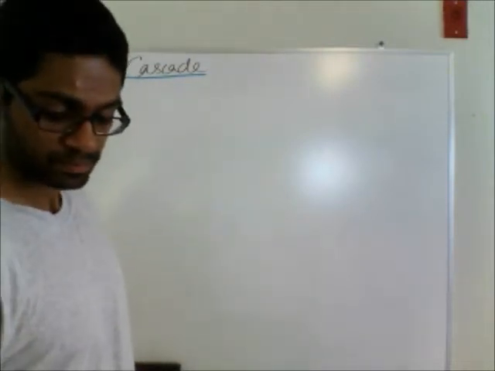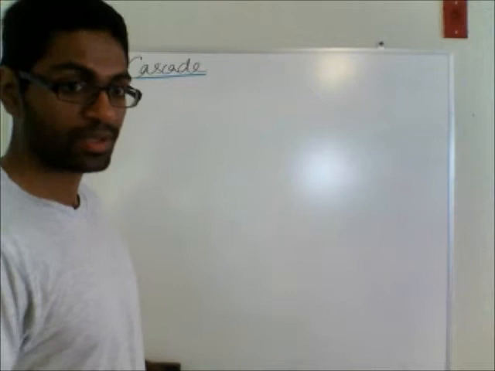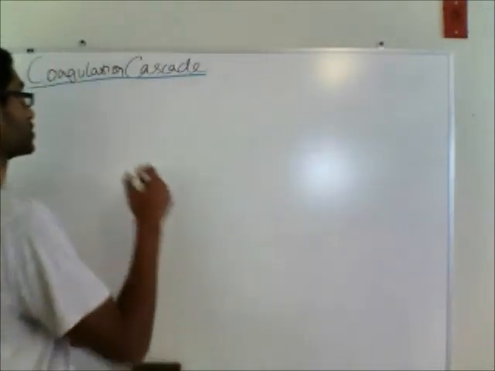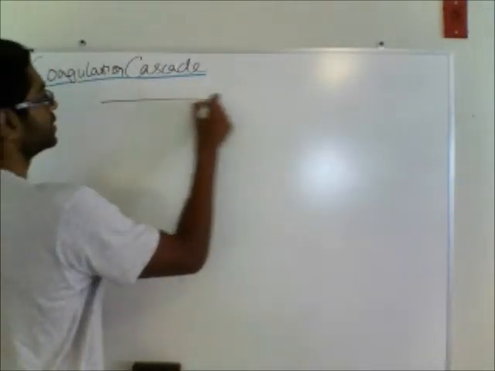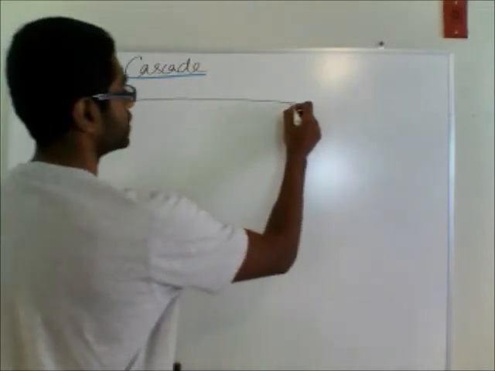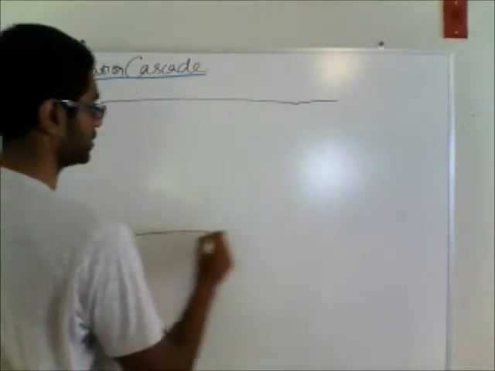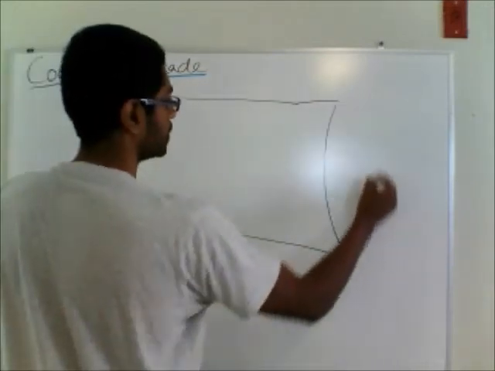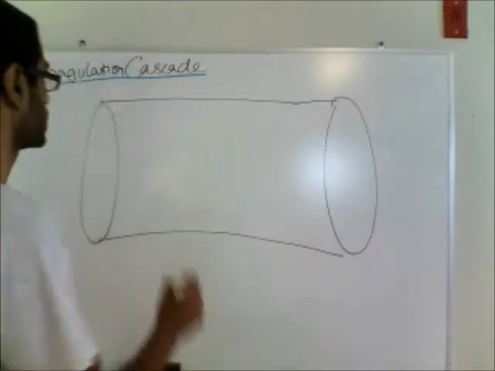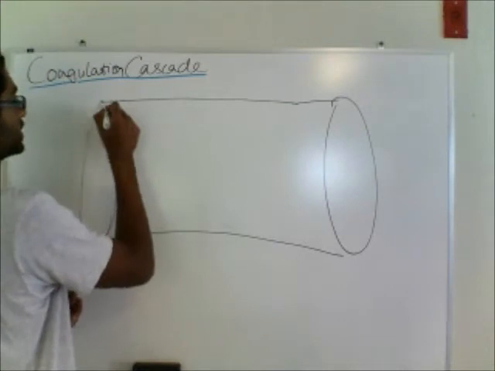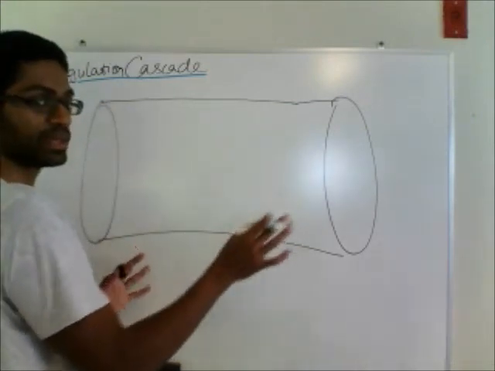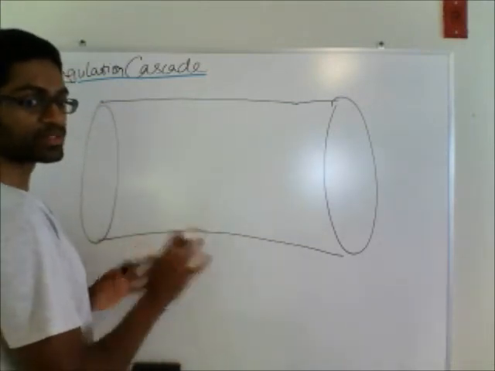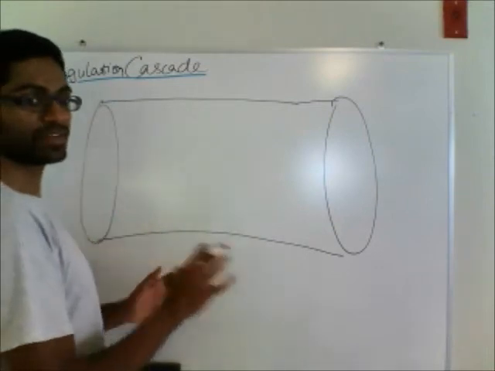Exactly. You're very correct. So in the blood, I'm going to draw this picture. There are always things being produced that prevent clotting from happening. So this is a blood vessel, and like I said, a blood vessel is not just some random tissue that doesn't have anything going on.